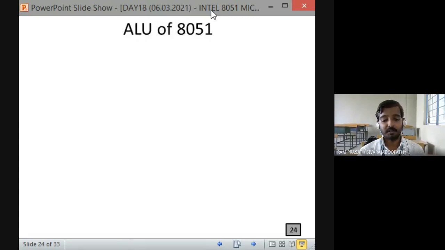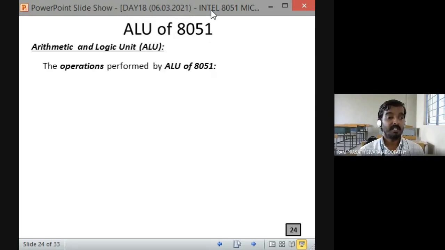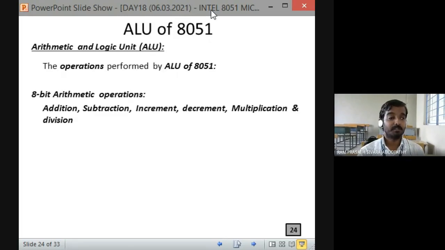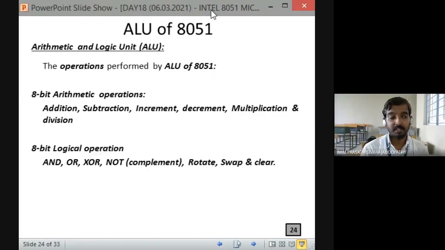ALU of 8051. Here the 8051 ALU can perform addition, subtraction, increment, decrement, multiplication and division operations. It is similar to 8085, but there we don't have a swap instruction.